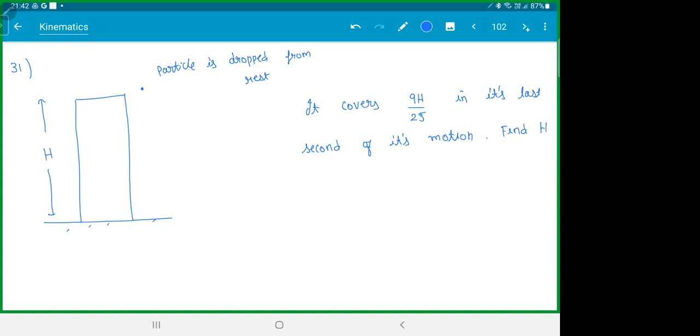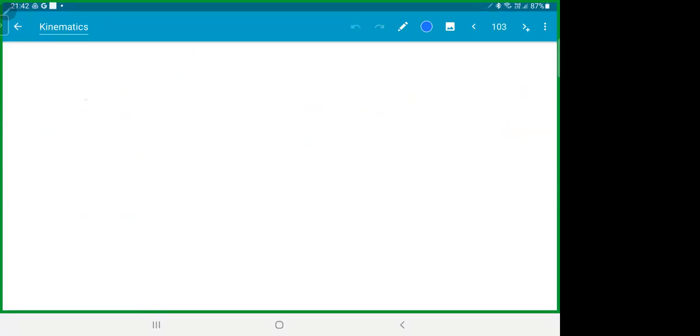Akshika, you are right. Pratyush, you are right. Let's see how to do that. See, let the total time be t. So you fall a distance of h is equal to half g t square.